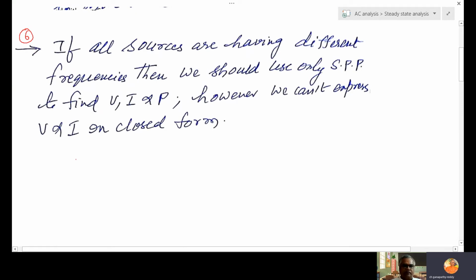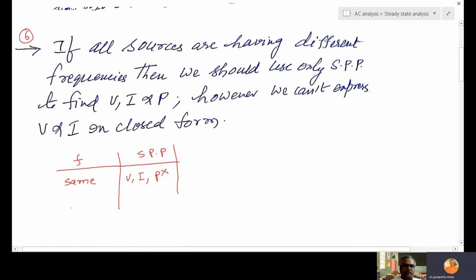Summary: if frequencies are the same, we can use the superposition principle for voltage and current, but not power.